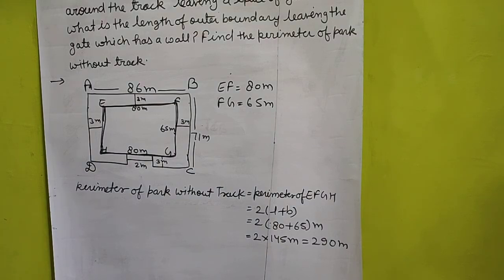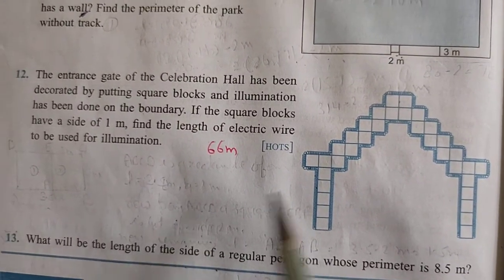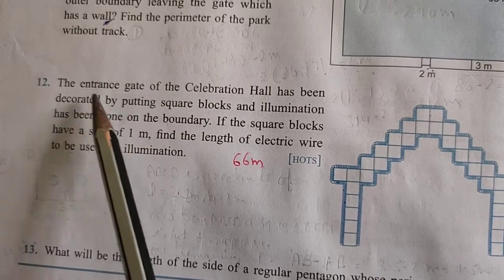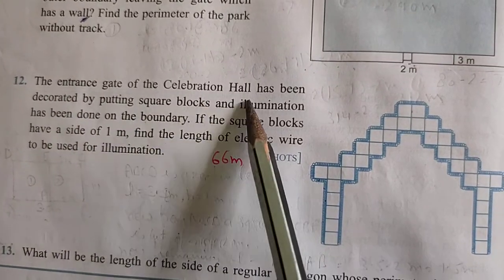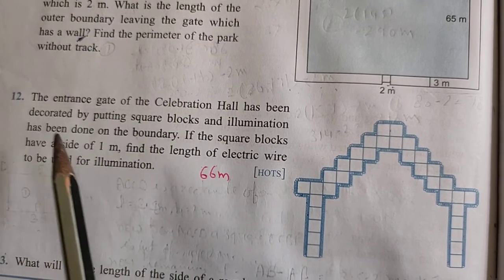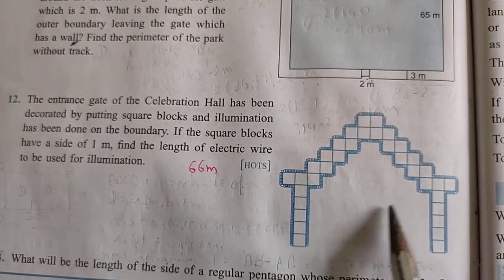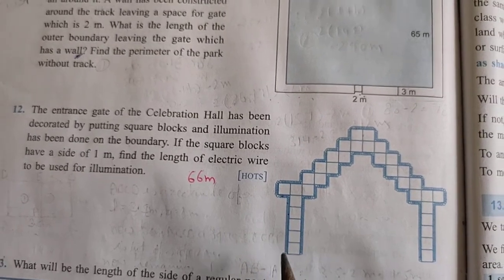Now students, last question of today's class, question number 12. Question number 12 you can do by yourself. This is the entrance gate of a celebration hall, which has been decorated by putting square blocks, and illumination has been done on the boundary. Students, you can see this is the entrance gate and here you can see the boundary.